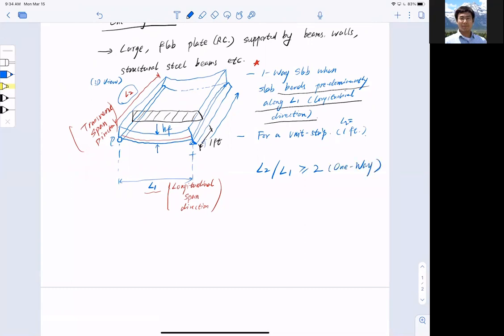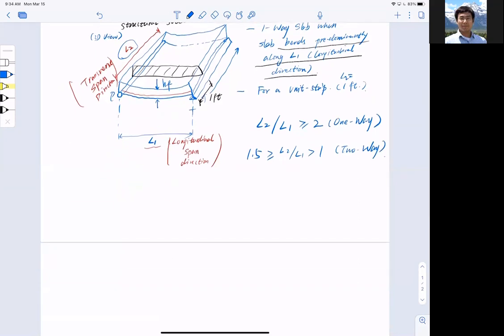But if my L2 over L1 is smaller than this and bigger than this, so between 1 and 1.5, this is two-way. Okay, this is two-way.